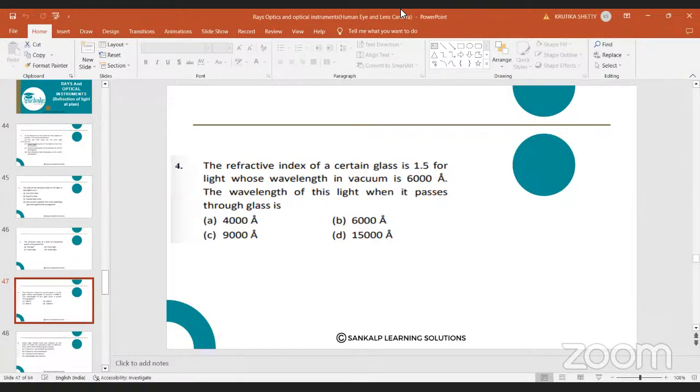Then the next question, the refractive index of a certain glass is 1.5 for light whose wavelength in vacuum is 6000 angstrom. The wavelength of this light when it passes through glass is, yes. We need to calculate the wavelength of the light when it passes through the glass. Yes, so many students are getting the answer.